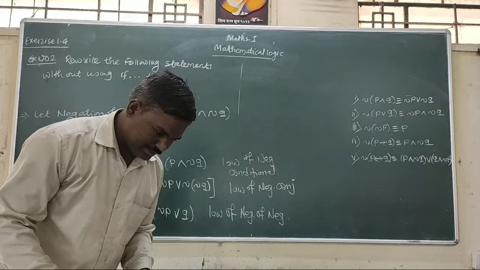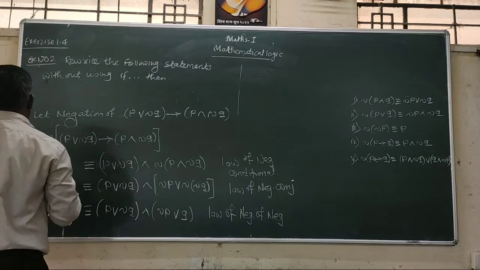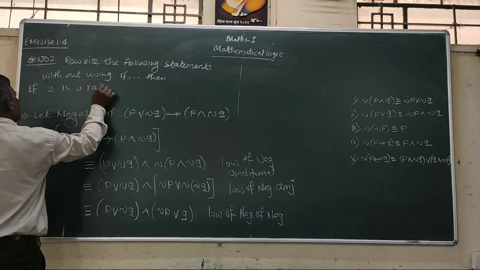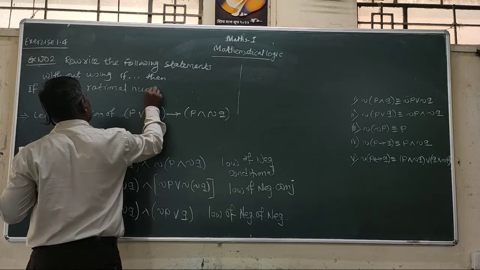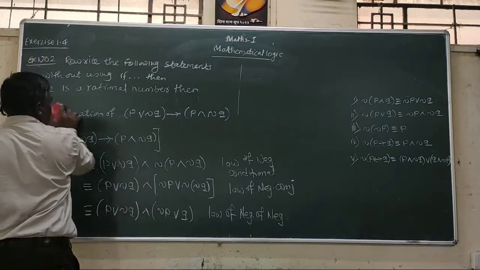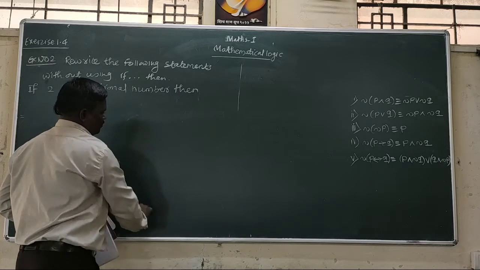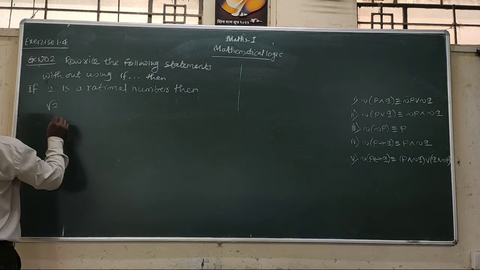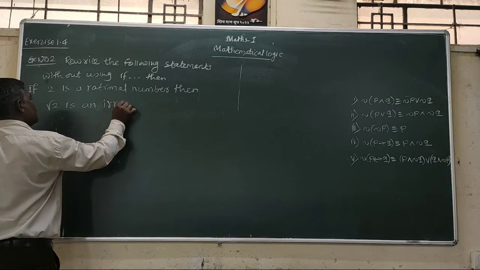The first example is: if 2 is a rational number, then root 2 is an irrational number.